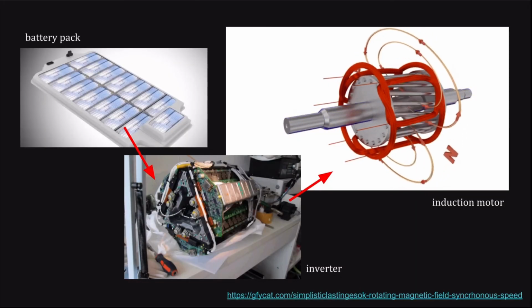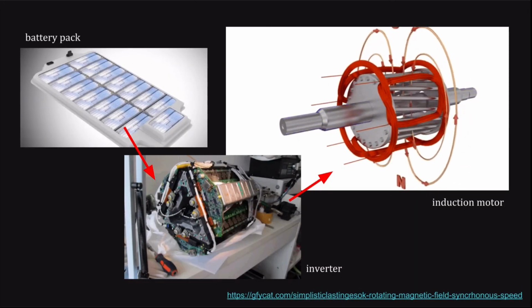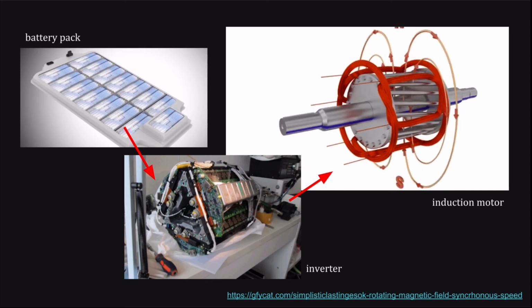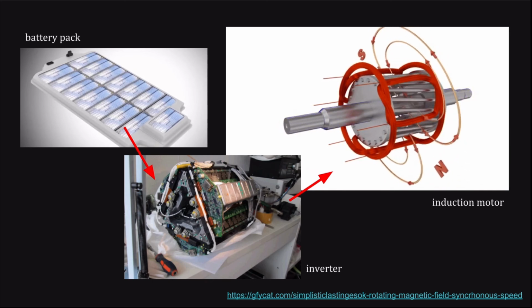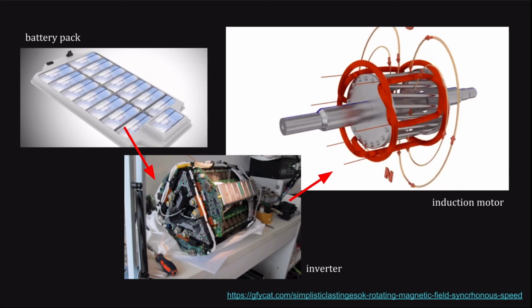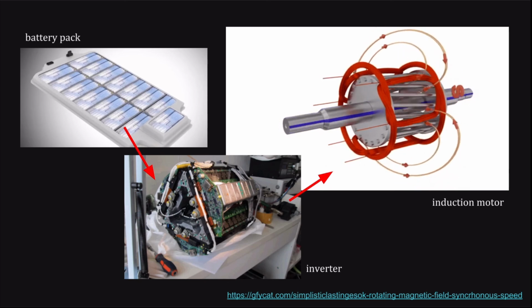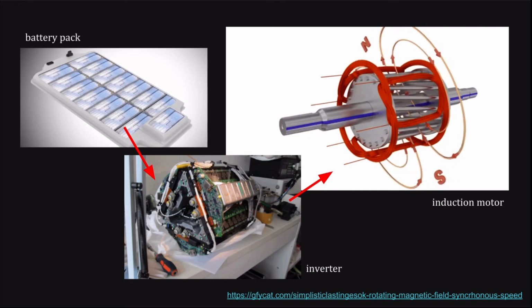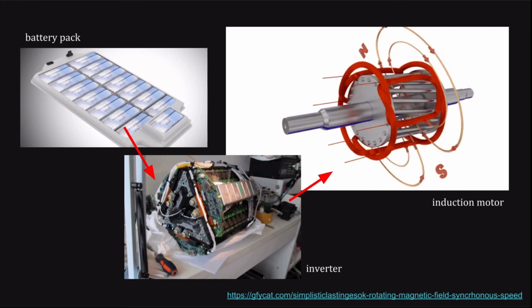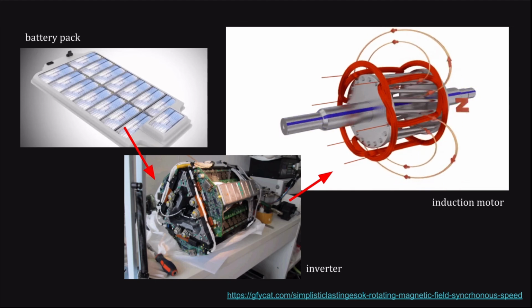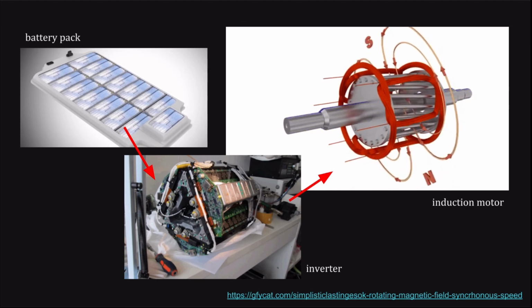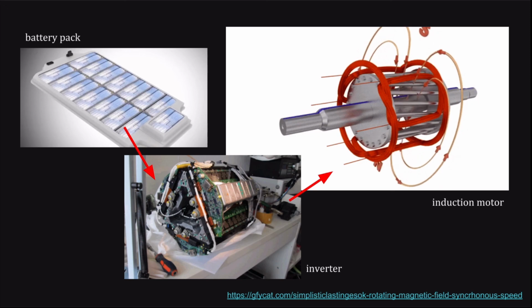So these batteries, or this battery pack, can only store direct current or DC electricity. But the Tesla runs on alternating current or AC electricity. So inside the Tesla car is an inverter, which takes the DC electricity and converts it to AC electricity for the induction motor to use.